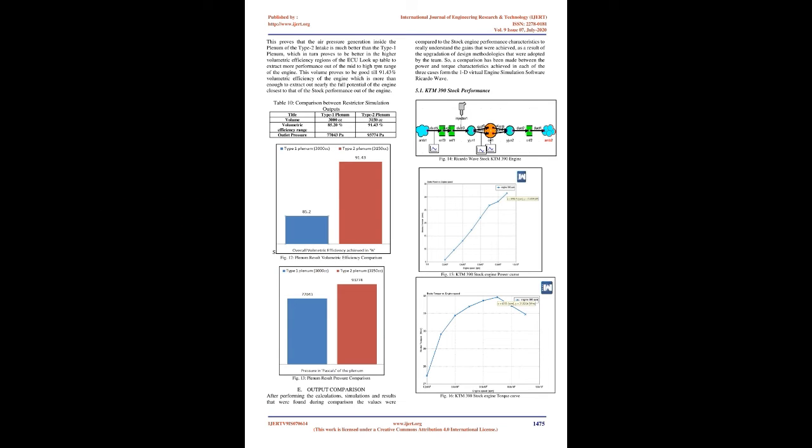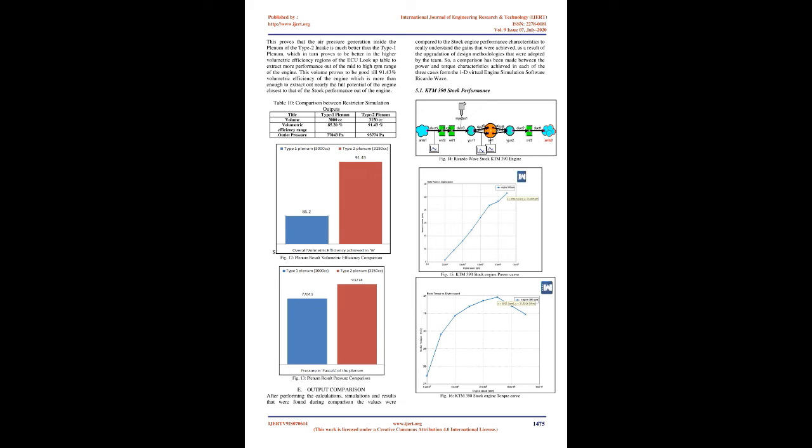Throat pressure of the Type 2 restrictor equals 63,652 Pa. Mass flow rate generated out of the Type 1 restrictor equals 0.0856 m³/s. Mass flow rate generated out of the Type 2 restrictor equals 0.0837 m³/s.